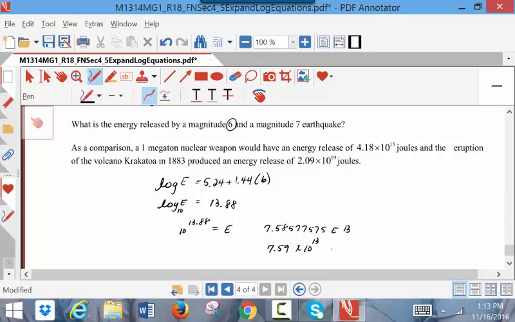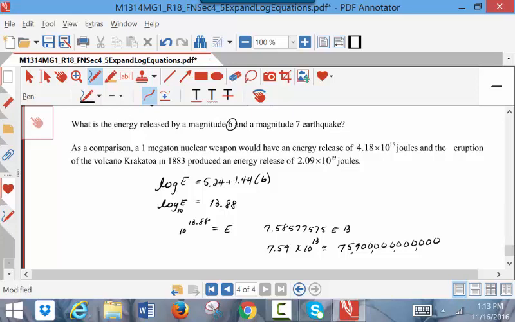Move that decimal to the right 13 times: 7, 1, 2, 3, 4, 5, 6, 7, 8, 9, 10, 11, 12, 13. That many joules. That's a huge amount of energy.